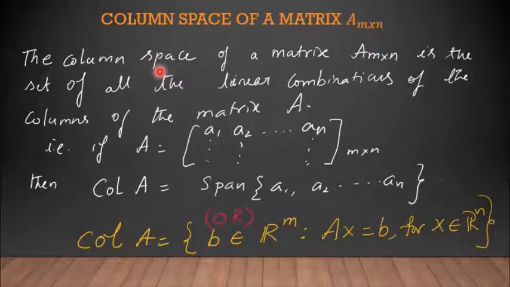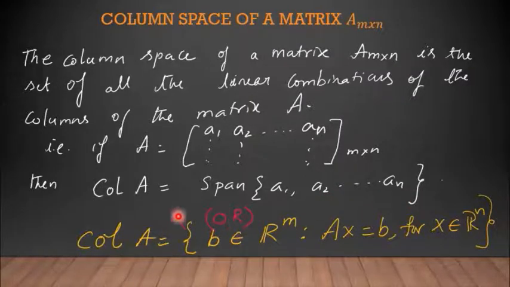The column space of a matrix A, m by n, is the set of all the linear combinations of the columns of the matrix A. That is, if you are given a matrix A with columns A1, A2 and so on An, with m rows, that is, it is a matrix of order m by n, then column space of A, that is given as col A, is equal to span of the vectors A1, A2 and so on An.